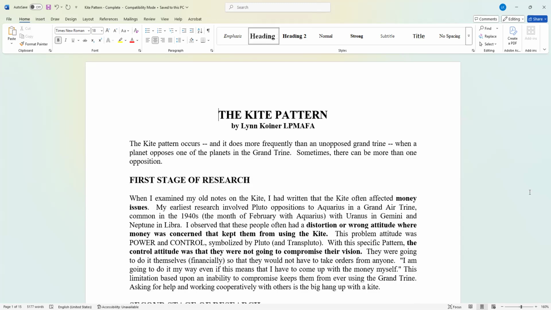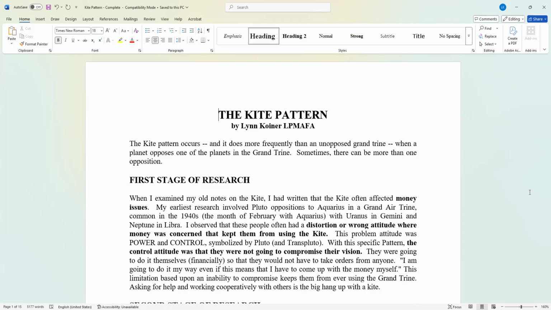In your own chart, the frustration takes place because of some aspect of your unwillingness to compromise. In the natal chart, you have to learn to compromise with those opposing planets, and I've given you information about the opposing planets and how they might contribute to issues involving compromise.